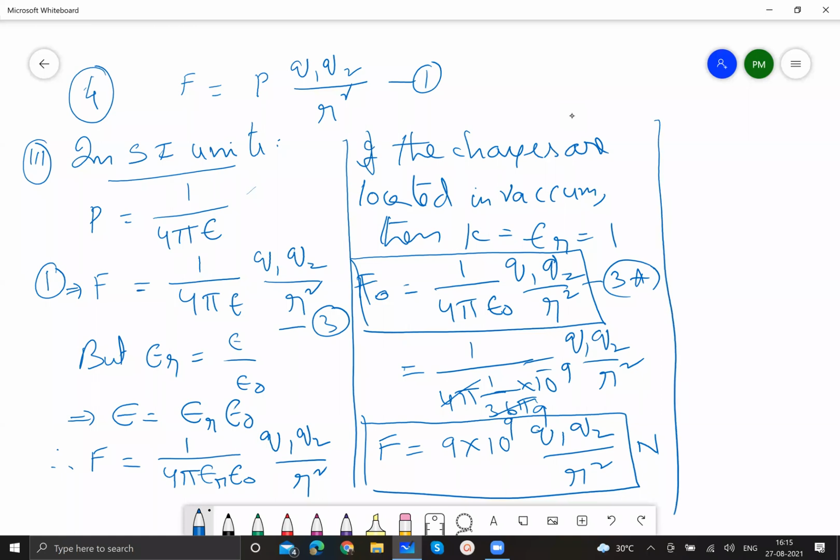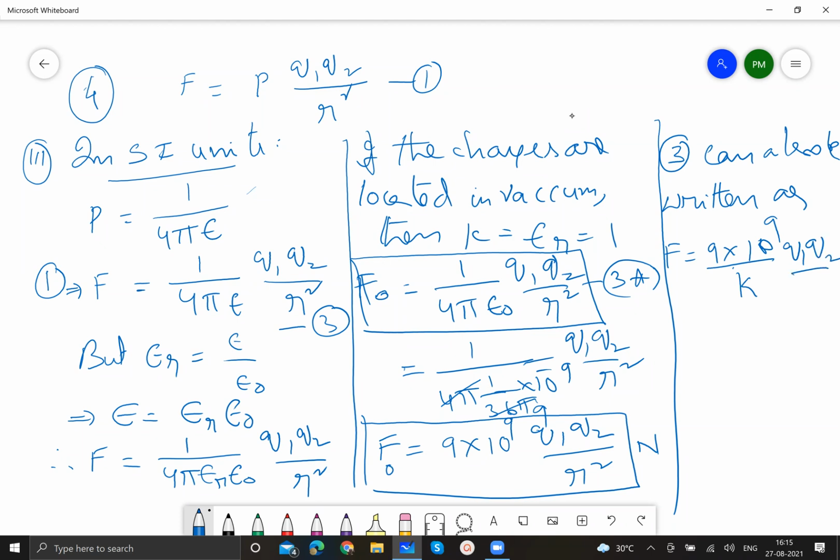So you can write the equation 3. Three can also be written as, this is F naught. F is equal to, for problems, 9 into 10 to the power of 9 by K or epsilon R into Q1 Q2 by R square.